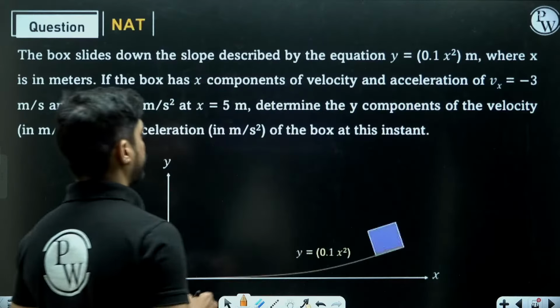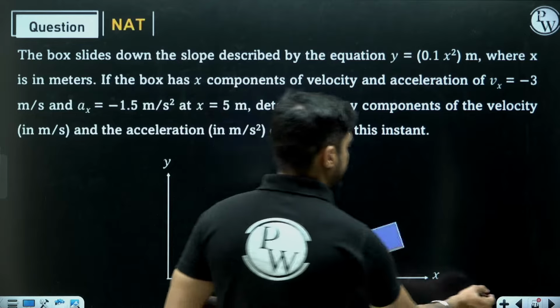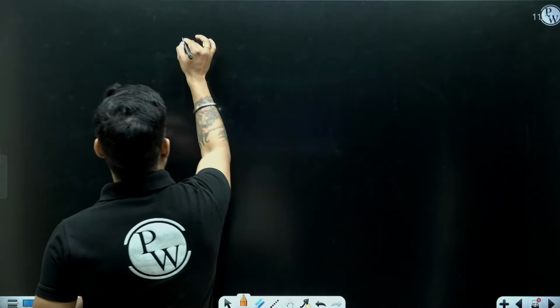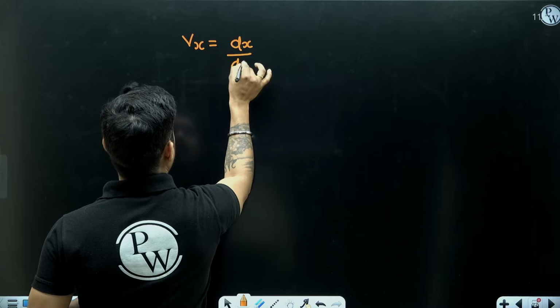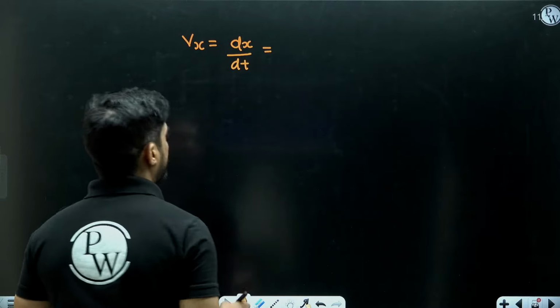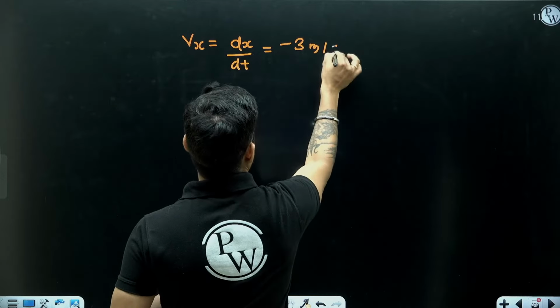Understand this. We have Vx, we have Ax. What is Vx? Vx is actually dx by dt, and dx by dt is minus 3 meter per second.